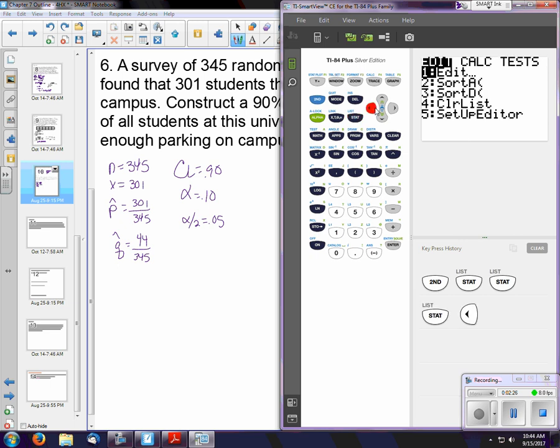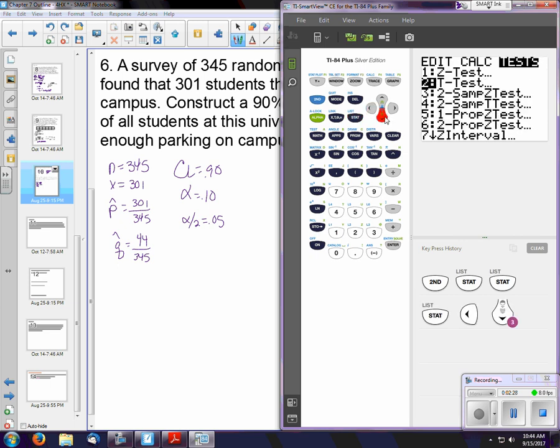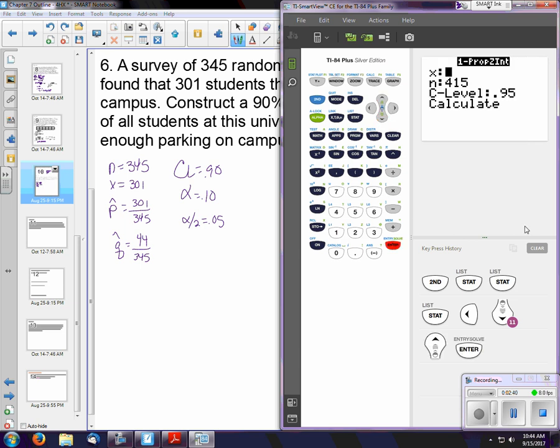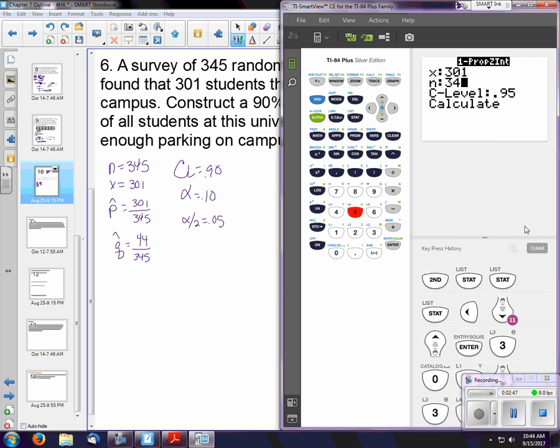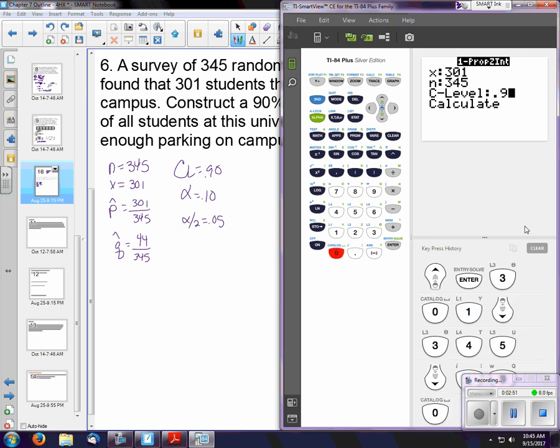So if you go to stat tests and scroll down, you're going to look for what is called a one proportion z interval. So we're going to select the first option here, one proportion z interval. x is 301, that's the number of people who said there's not enough parking. n is 345. At a 90% confidence level, let's see what this gives us.